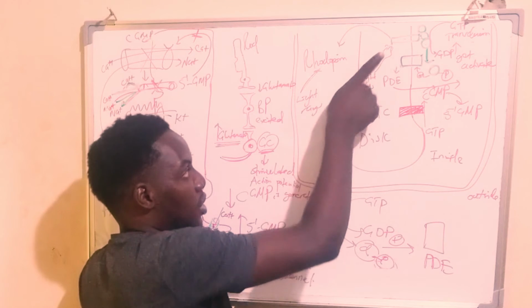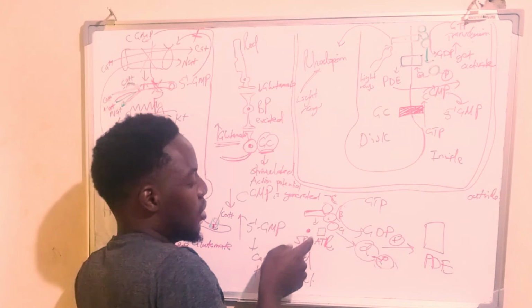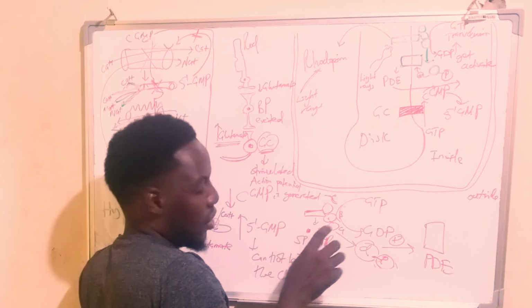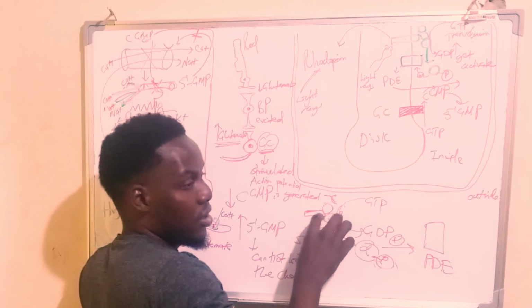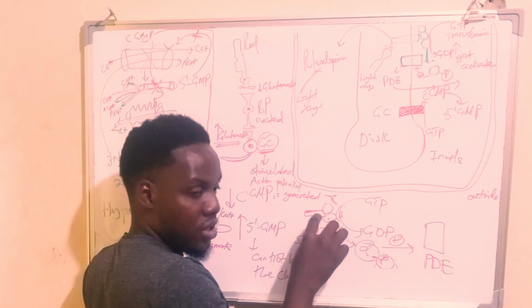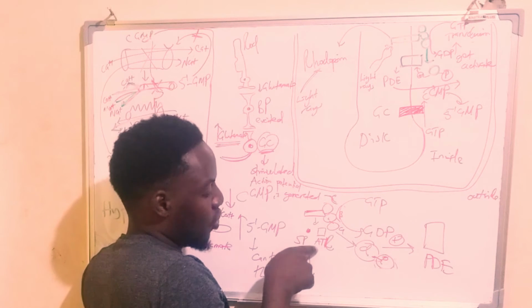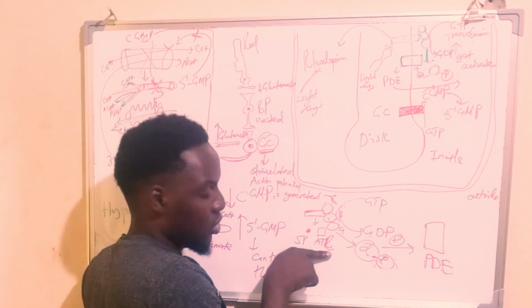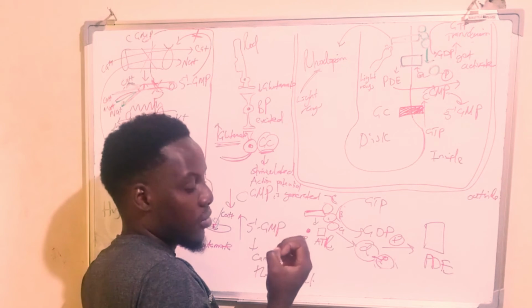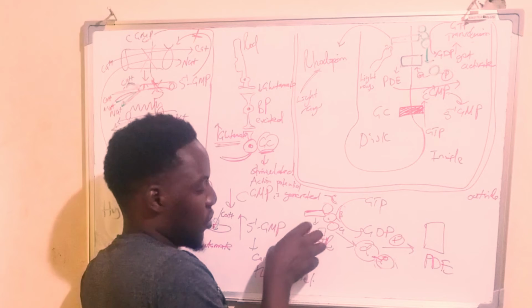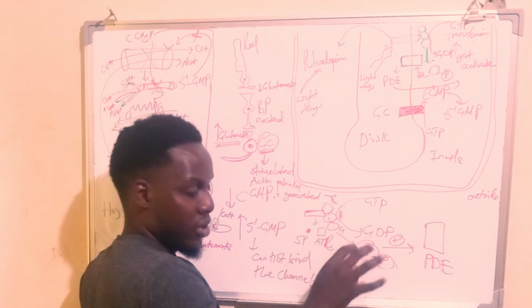When light rays hit this rhodopsin, the scotopsin moves away from the retinal, because the 11-cis retinal is converted to all-trans retinal, and this all-trans retinal has a conformation that is not going to fit with the scotopsin to make rhodopsin, so they dissociate.